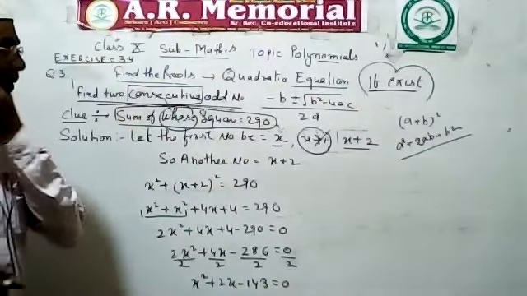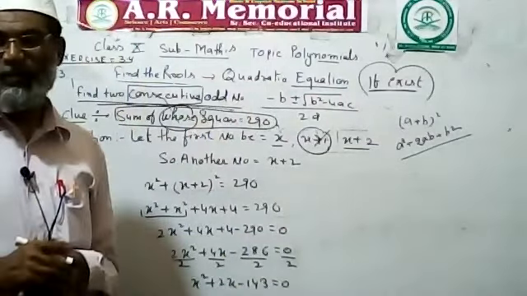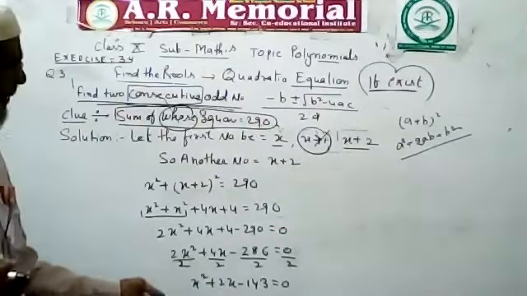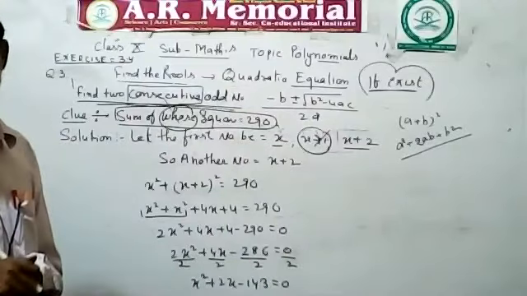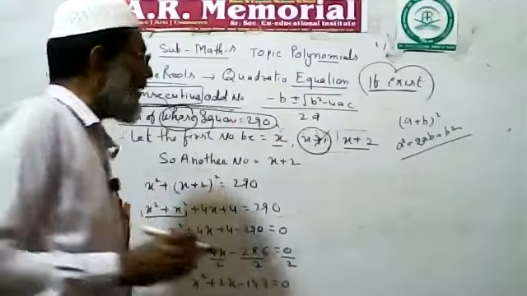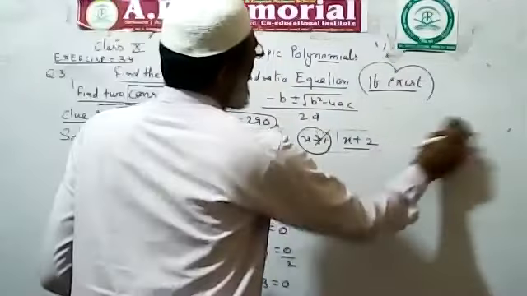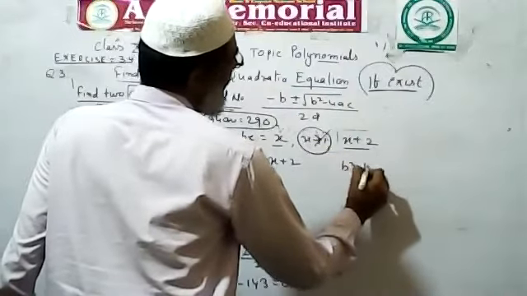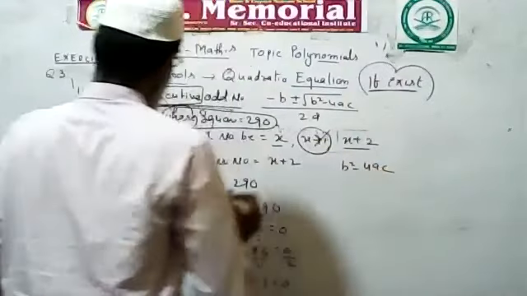Sir, what can we do? You have the formula. First you solve b square minus 4ac, put in a, b, c and find the number. It is so simple. First of all, b square minus 4ac. Here, where is b?